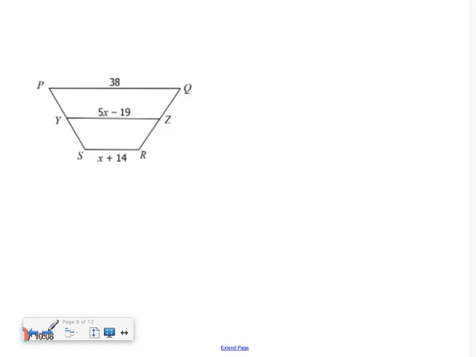Okay, now let's try it with some expressions. So still set up the same way. Use your formula. So this is what our mid-segment is. So I'm going to put 5x minus 19 equals my bases added together.